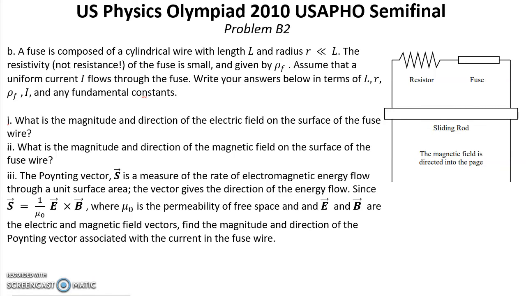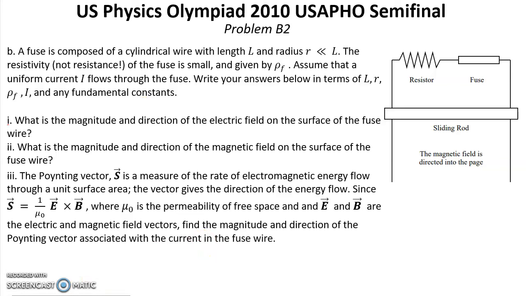Part B. A fuse is composed of a cylindrical wire with length L and radius R much smaller than L. The resistivity, not resistance, of the fuse is given by rho F. Assume that a uniform current I flows through the fuse. Write the answers below in terms of L, R, rho F, I, and any fundamental constants.